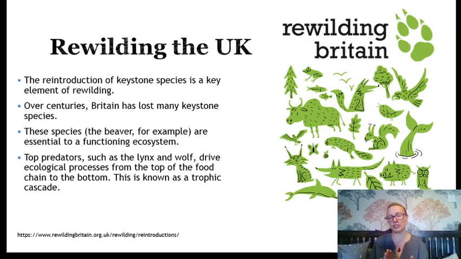So, for instance, they wanted to reintroduce wolves up in Scotland, but obviously the local people were a little bit concerned about that because those wolf populations might actually leave the park area that they've been released in and go off into agricultural land and start to kill organisms in there. So, destroy cattle and things. So obviously they need to have an agreement with the local population if they're going to reintroduce a species to an area.